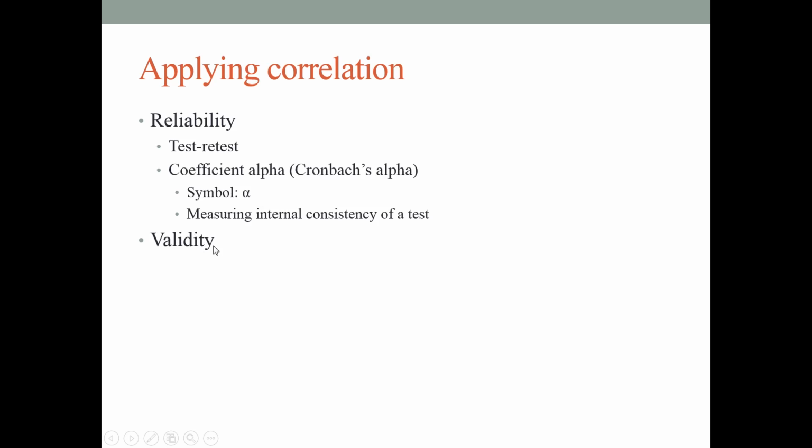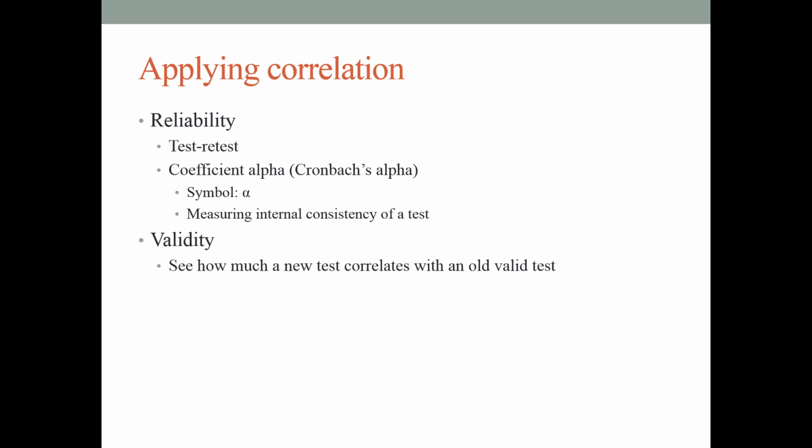In terms of instruments, it's not that easy to know if this instrument or measure is measuring what it's supposed to measure. But one way we can do it is to see how much this new test correlates with an old test that is valid, right? So, for example, you develop a new anxiety test.